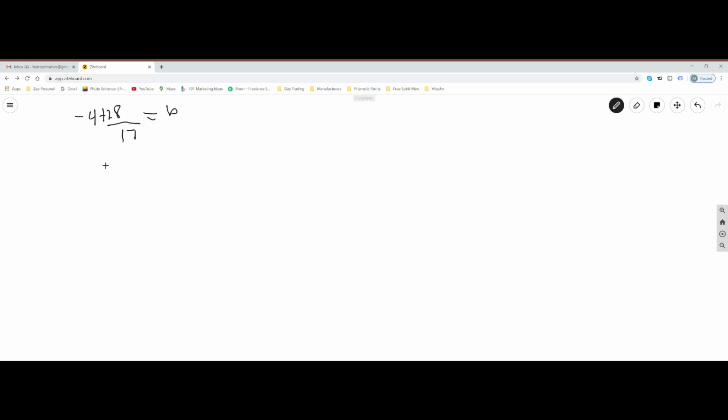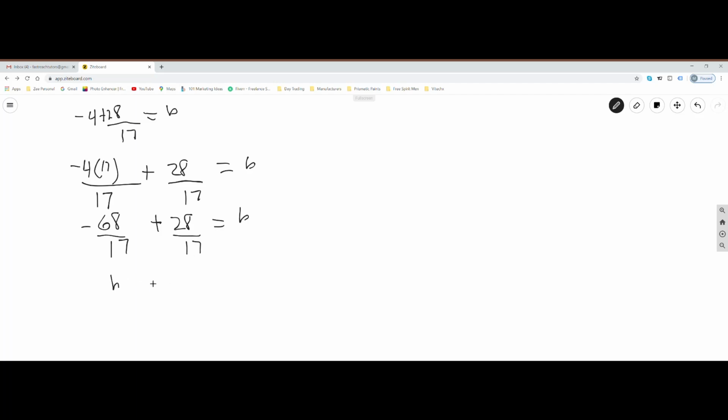You would do that by multiplying it by 17 and keeping the bottom 17, plus 28 over 17 equals b. So -4 times 17 is -68 over 17 plus 28 over 17 equals b.